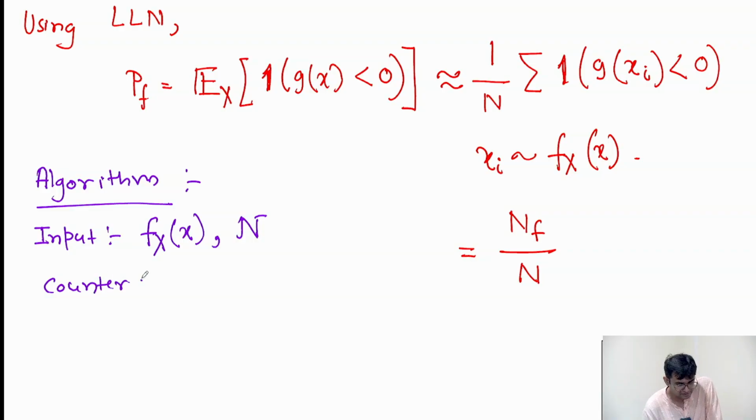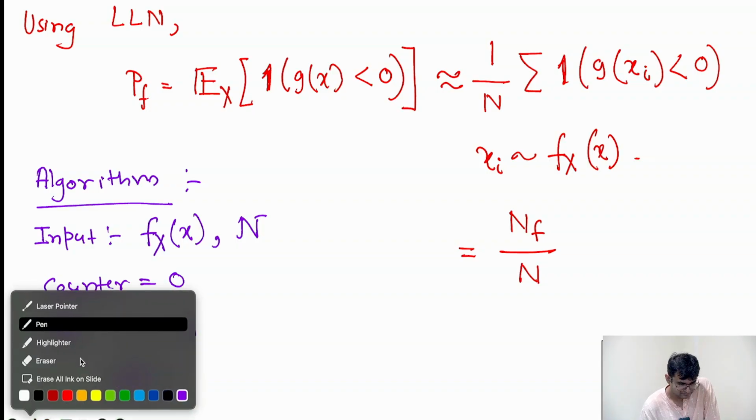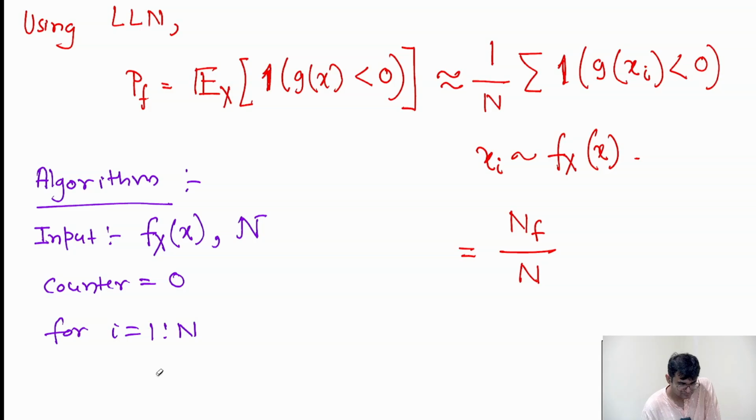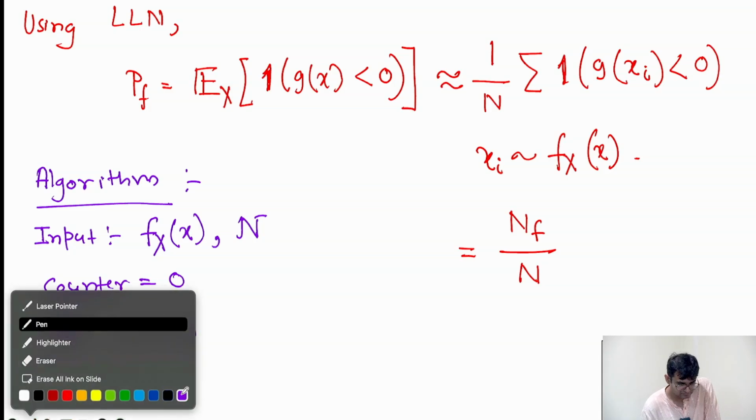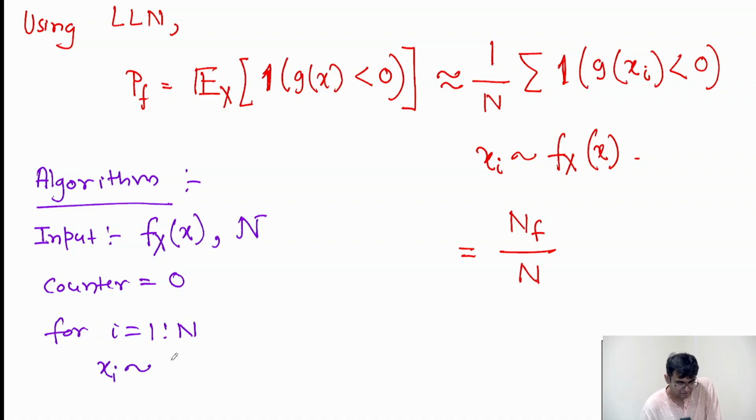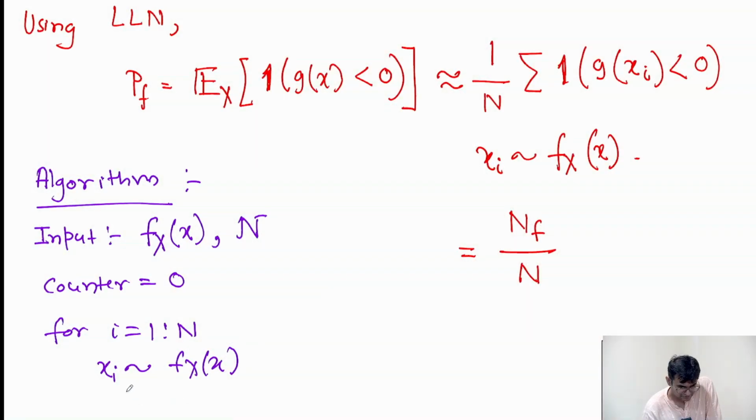Set a counter equal to 0. For i equal to 1 to n, first you need to sample xi from f_X(x). xi is the ith sample, not the ith variable. Keep that in mind. From there you will find yi, which is equal to g of xi.